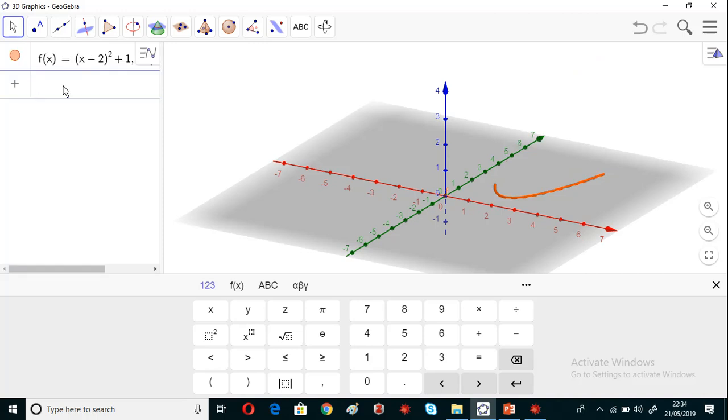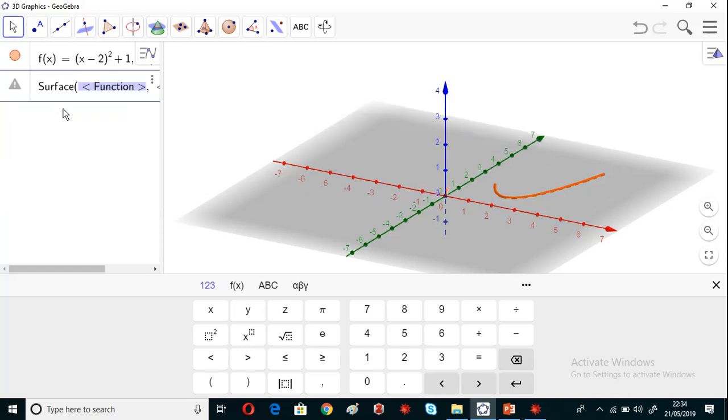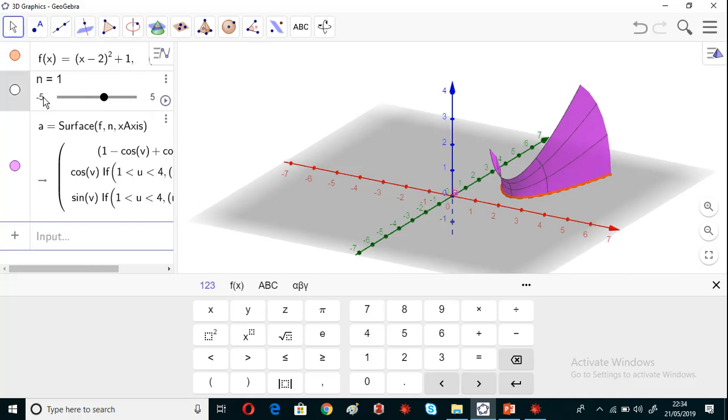Then we need the surface of revolution, so f of x, axis. Okay, you can see that the revolution, some part, is shown here.